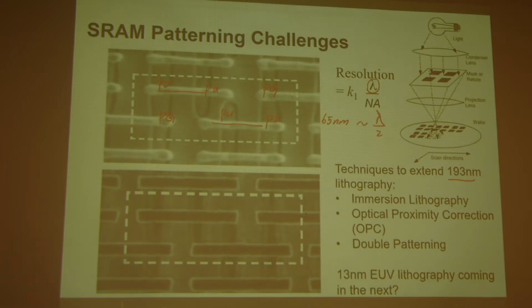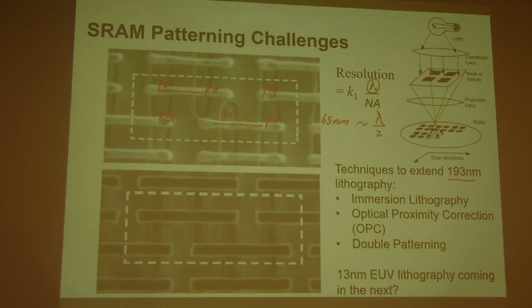So that means with a 193 nanometer wavelength, you can actually only do roughly the 90 nanometer technology node. If you go beyond that, then due to the refraction, your pattern will look ugly. This is a challenge.